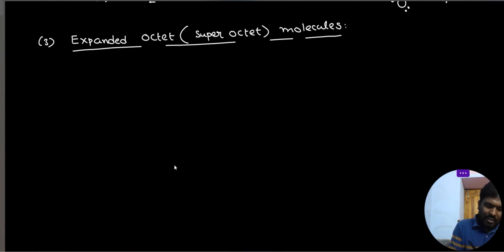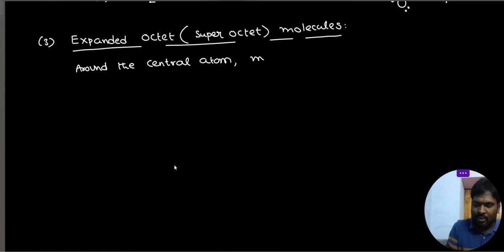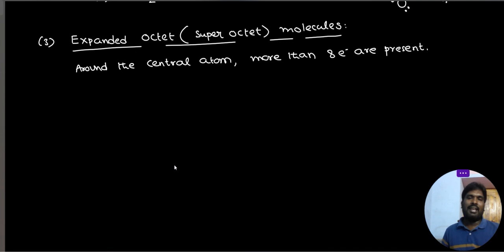So around the central atom, more than 8 electrons are present. So they are expanded octet or superoctet molecules. Example, PCl5.